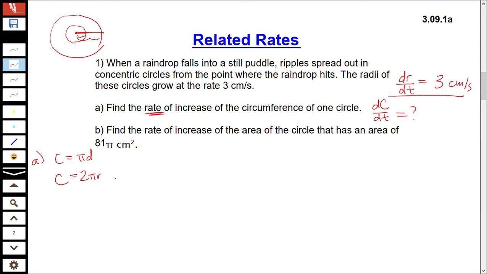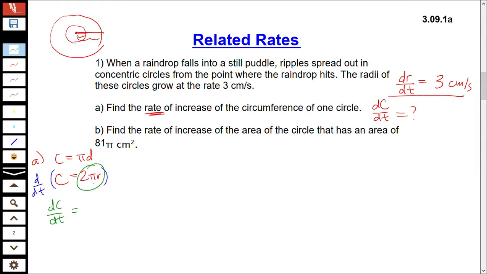Okay, and now we are looking for dc over dt, meaning I want to derive this with respect to t. So let's derive this equation with respect to t. And if I want to derive this, let's give the d over dt to each one. So I'm going to have dc over dt, which is what they want.